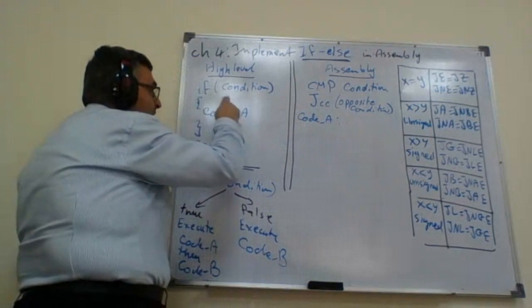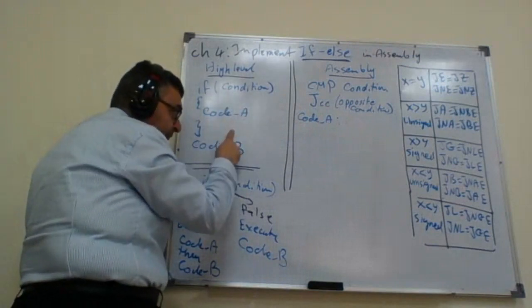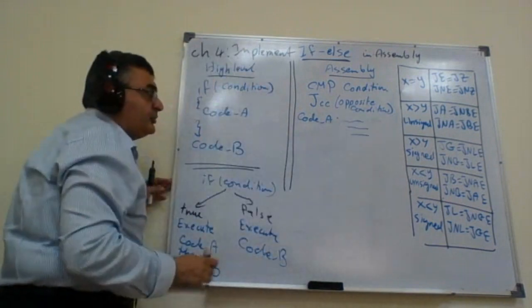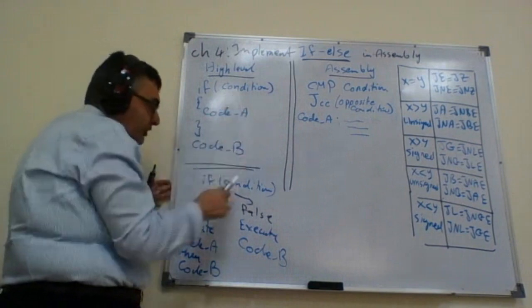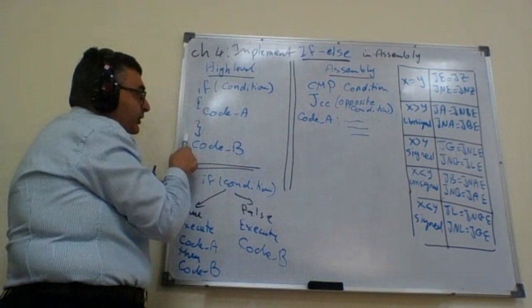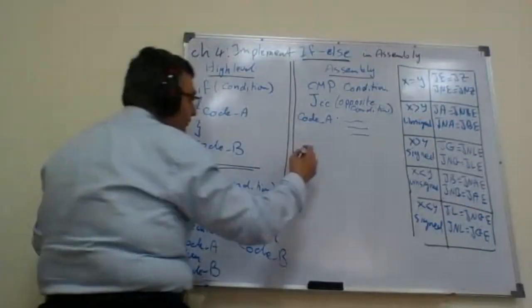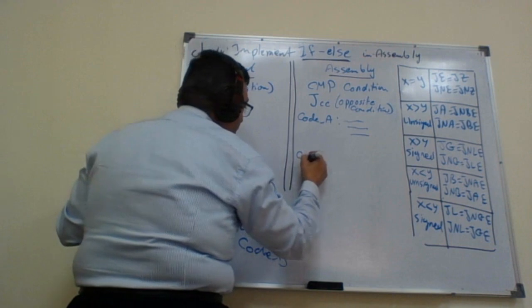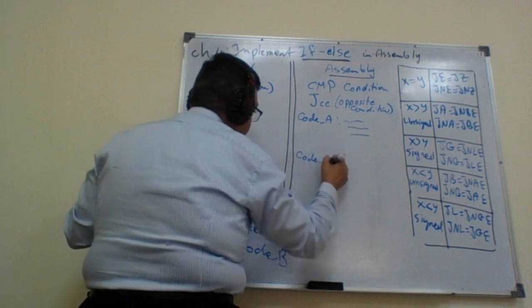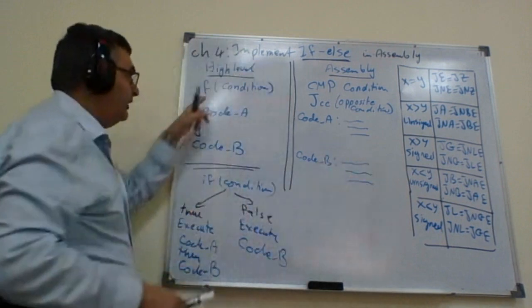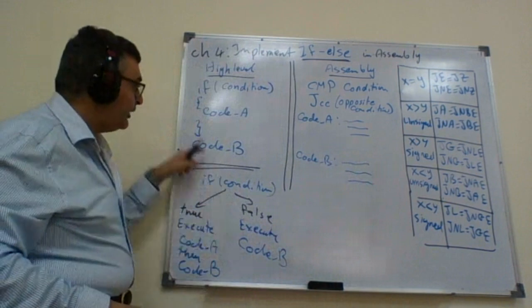If the if statement is evaluated as true, I want to execute A, which is exactly the opposite. So if the condition is false, I want to jump and go to the code for B. When the condition is false, I want to go directly to B and skip A, which matches with the jumping.